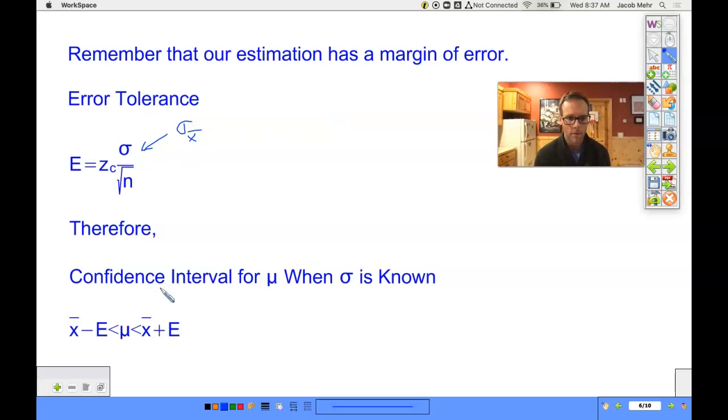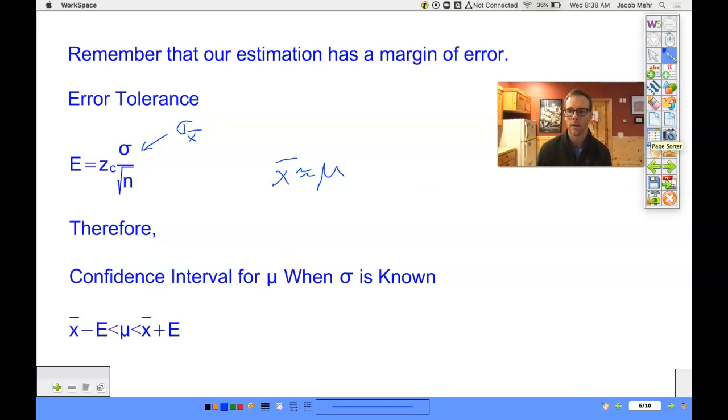Remember that x bar is our approximation for mu. So we have our point approximation for mu. What we then do is add the error and subtract the error from our x bar to create this confidence interval, this range. So we can say that mu is between x bar minus the error that we've calculated and x bar plus the error that we've calculated.